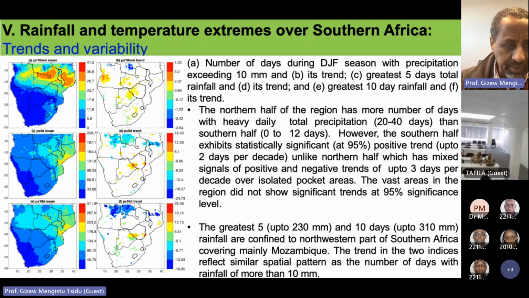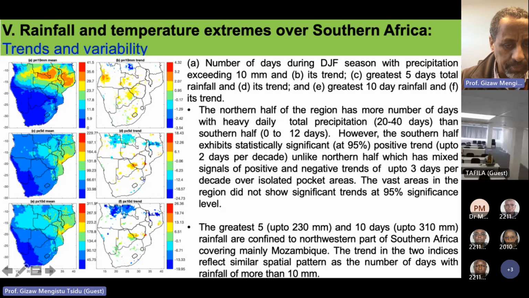When it comes to 5-day maximum day rainfall, actually it shows a decrease over the northern half of the SADC region, and an increase over part of north eastern Botswana, and also part of Zimbabwe and Mozambique.